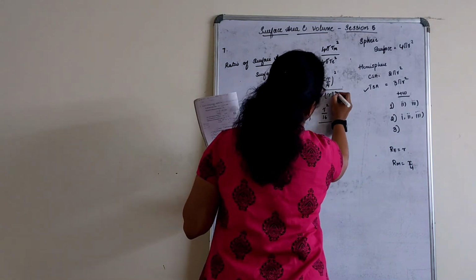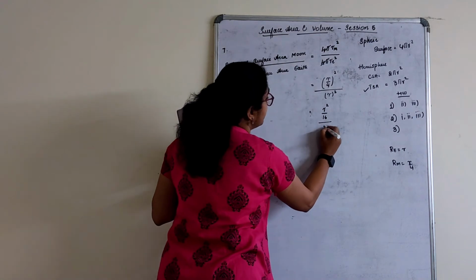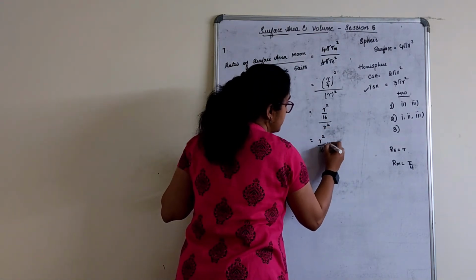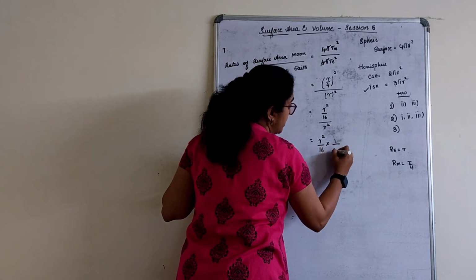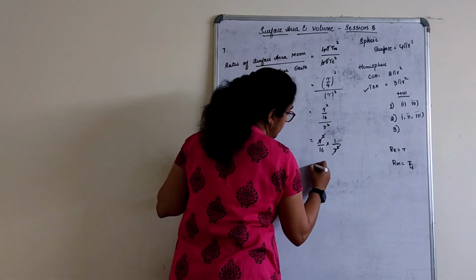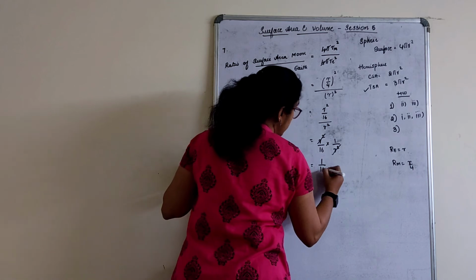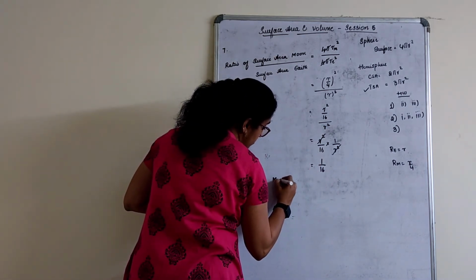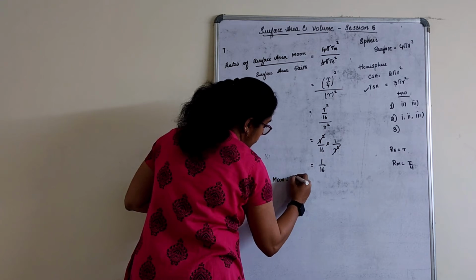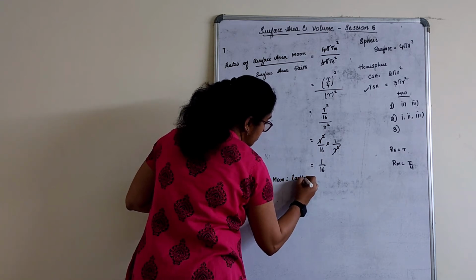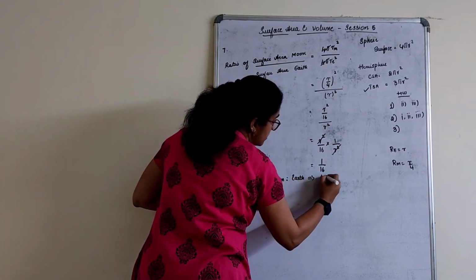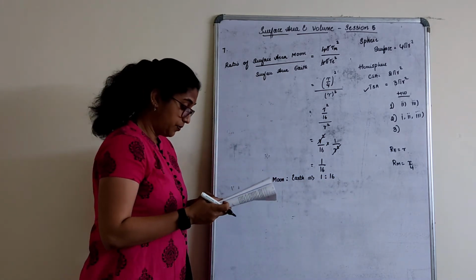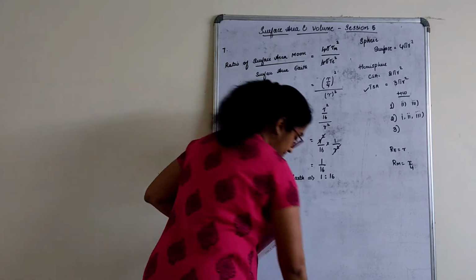Radius of the earth is r, but this is square, divided by r square. R square by 16 into 1 by r square. That is 1:16. So surface area of moon to earth is 1:16. Okay. Next one.